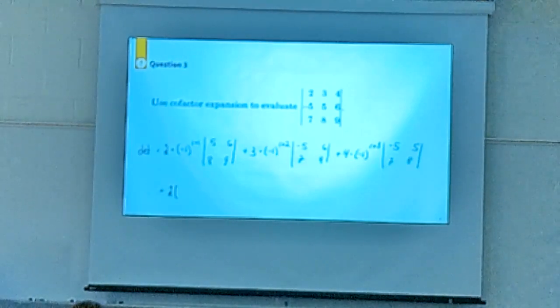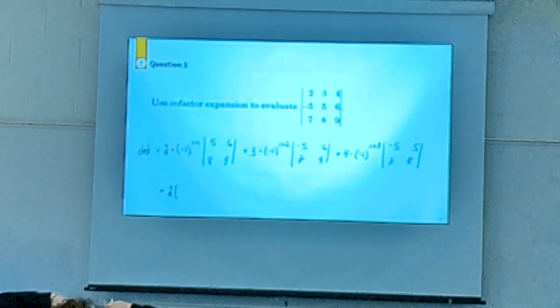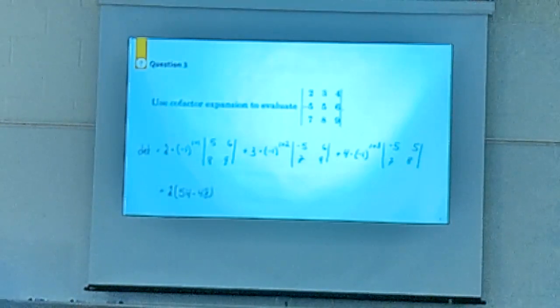First minor is not going to have a sign change. Negative 1 to the 1 plus 1 is positive 1. 5 times 9 minus 6 times 8. Wait, what? Can it be 45? Yeah. I'm thinking 5 times 9, 4 times 6.